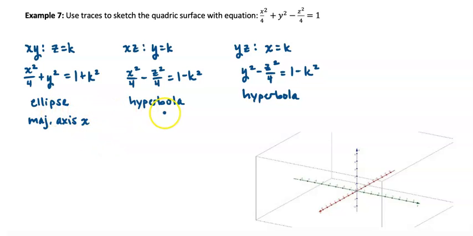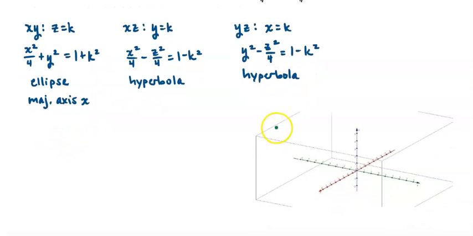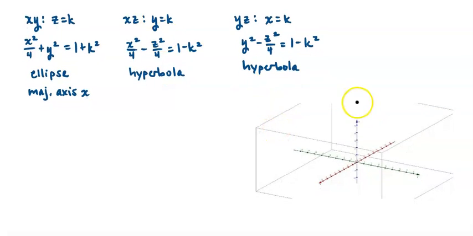Because we have an ellipse, a hyperbola, and a hyperbola, let's see what this might look like. Well, the horizontal trace is an ellipse. We've got our z, we've got our y, and we've got our x-axes. And this ellipse has a major axis of x.